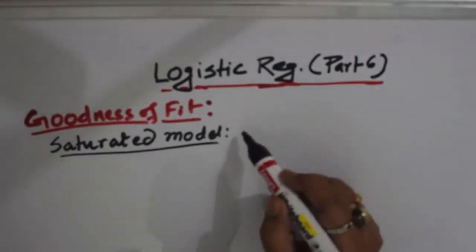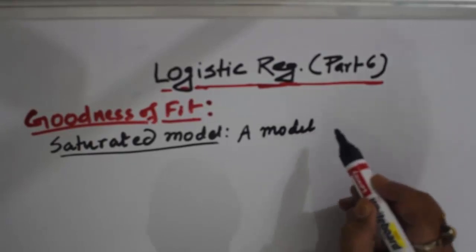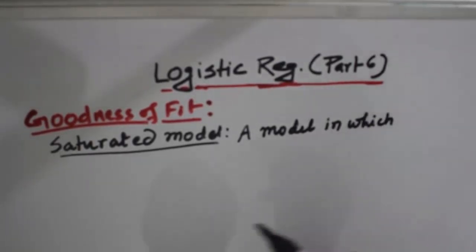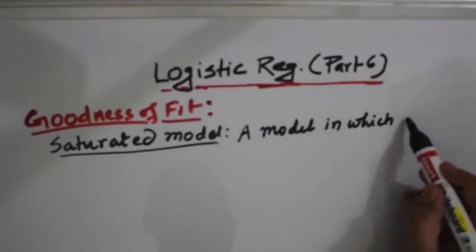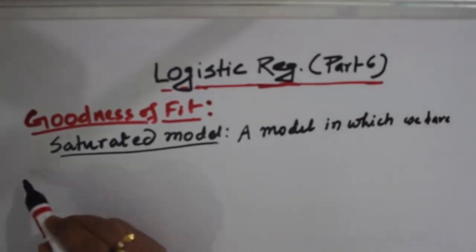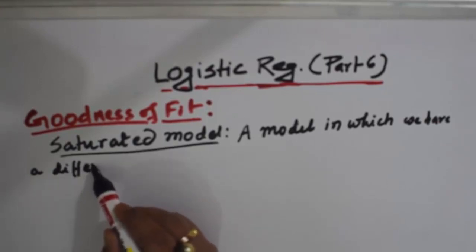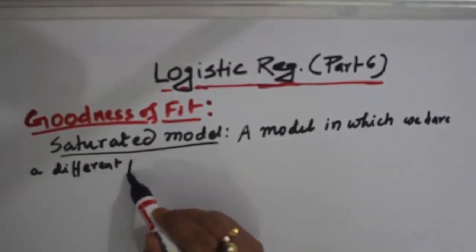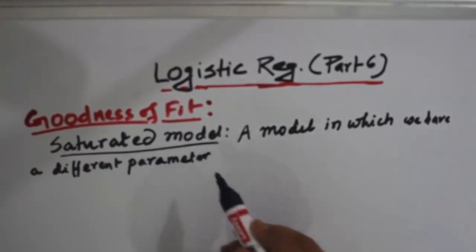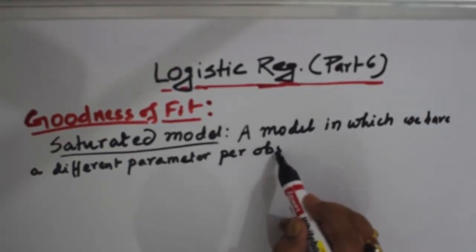A model in which we have a different parameter per observation.